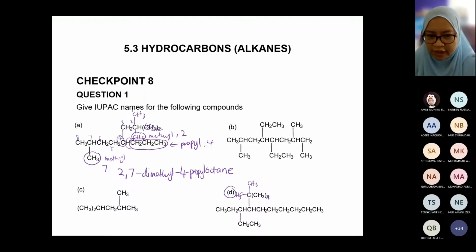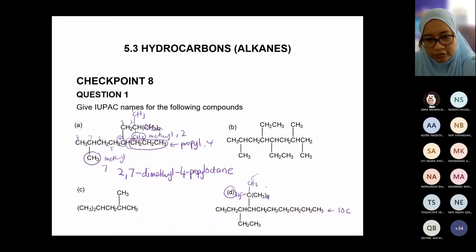Okay, alright. So ini dah memang quite obvious lah ni. Yang ni yang straight. Tak apa, kita just count. 1, 2, 3, 4, 5, 6, 7, 8, 9, 10. So kalau kita count the straight chain, yang paling obvious would be 10 carbon. How about if we start from top to the right? Top here, to the right.